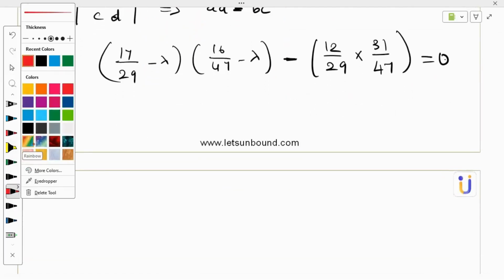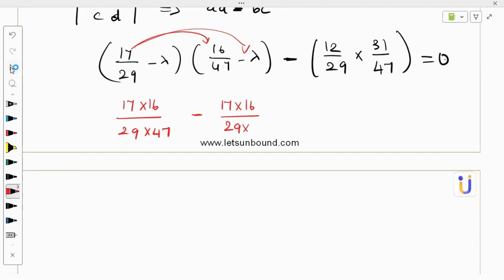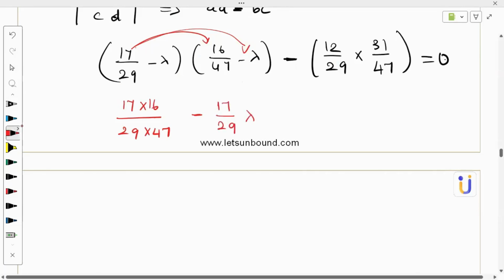Let me multiply these: 17 times 16 by 29 times 47, then minus 17 by 29 lambda, minus 16 by 47 lambda. Then lambda times lambda is lambda squared, and this will stay minus 12 times 31 by 29 times 47 equals 0.